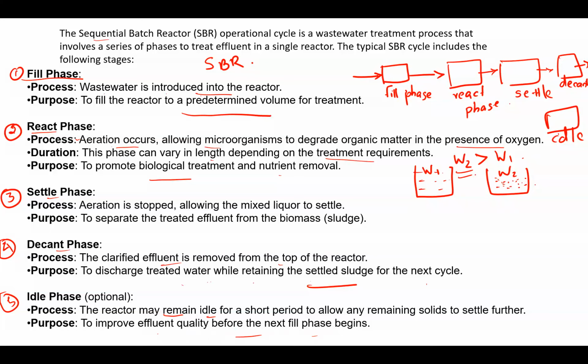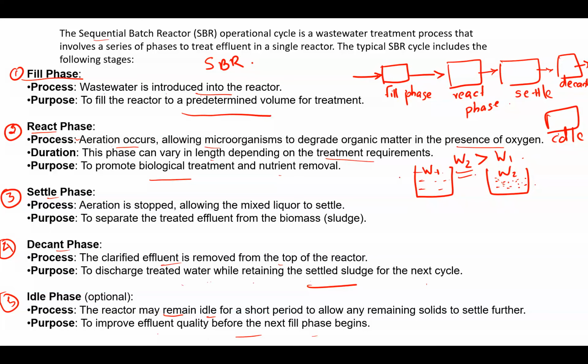Okay, these are the different steps in the sequencing batch reactor. Fill phase, filling the wastewater. React phase, the organic matter present in the wastewater is degraded by the microorganisms. Then the sludge will settle, and then decant, we remove the effluent, and the remaining sludge is retained for the next cycle.